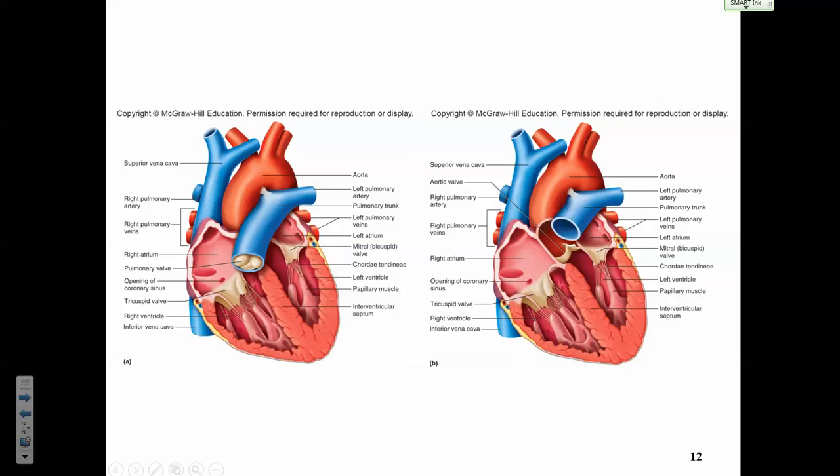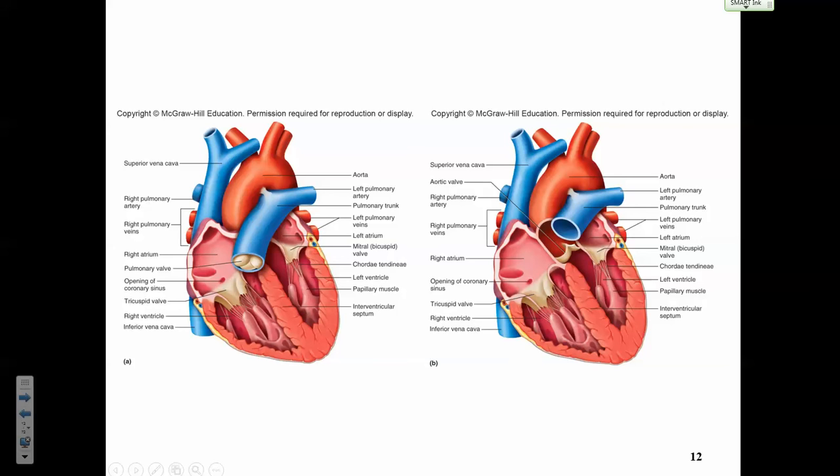So what I'd like to do is follow a drop of blood through the heart, starting with the blood entering at the right atrium. And I'm going to follow it through the right side to the lungs, over to the left side, and then out to the body. And as I do, I will be talking about all these detailed little structures associated with the heart. So you might want to move on to some of these other slides in your notes.